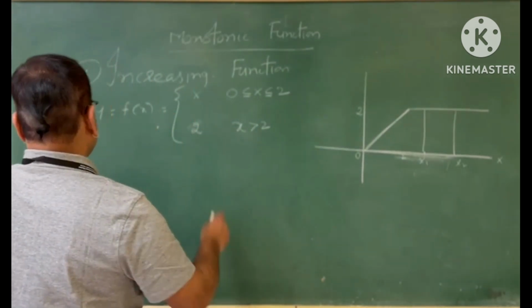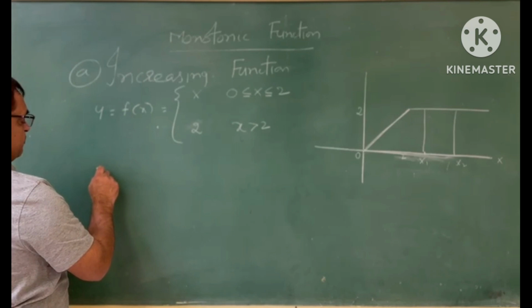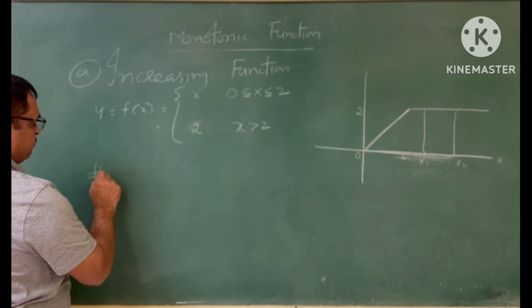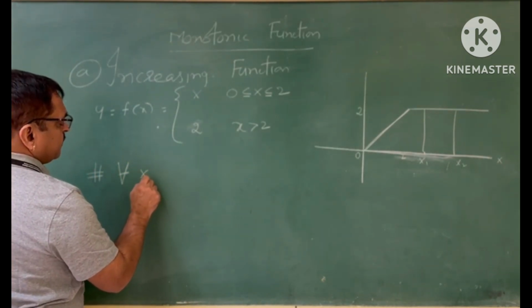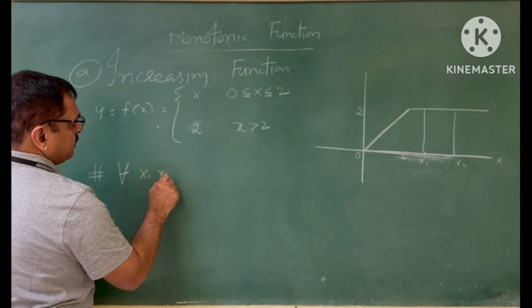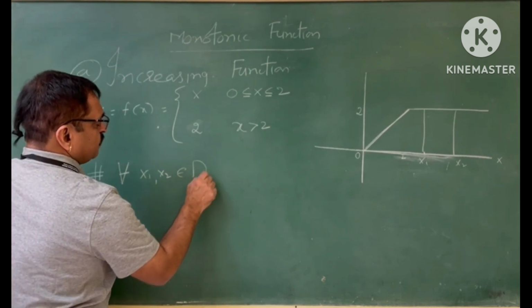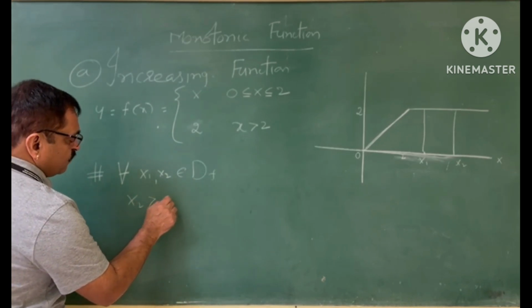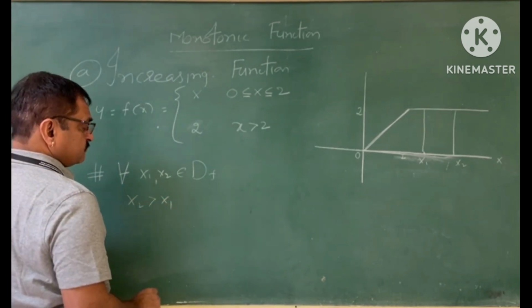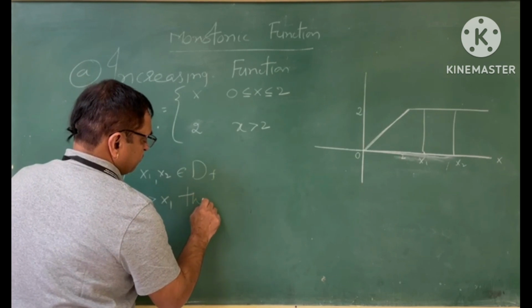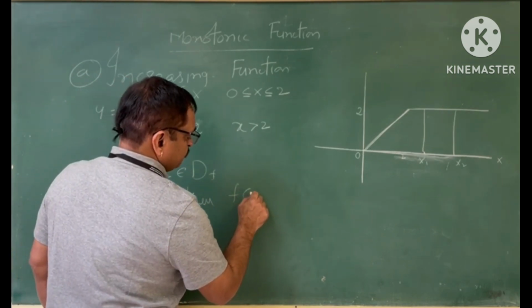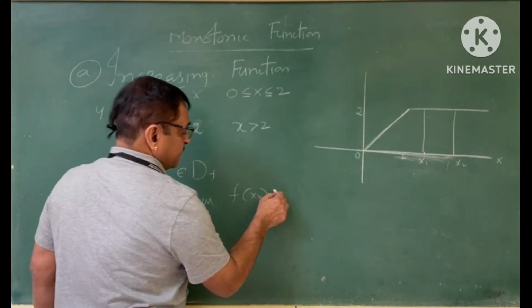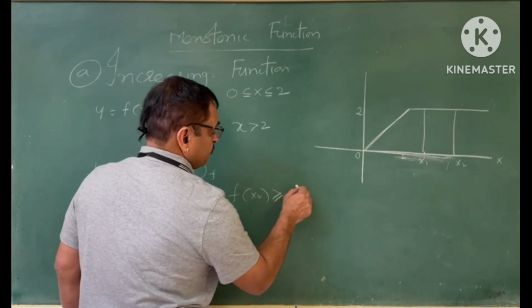What is the definition of this one? So increasing function means for all x1 comma x2 belongs to domain of the function, x2 is more than x1, then my f of x2 can be greater than or equal to f of x1.